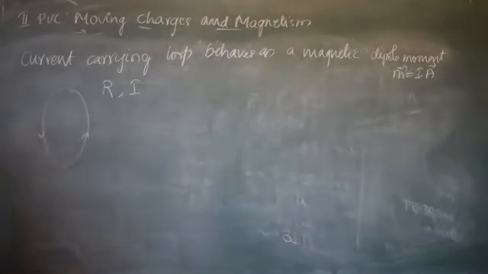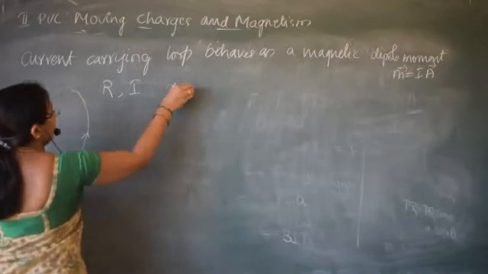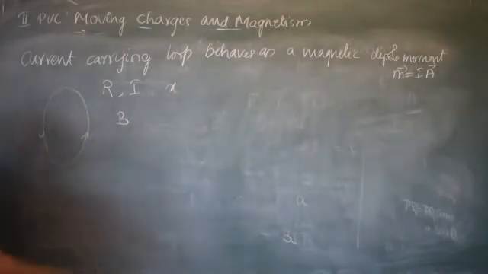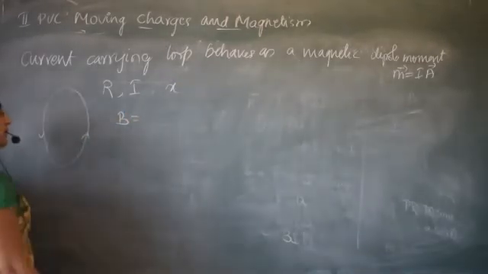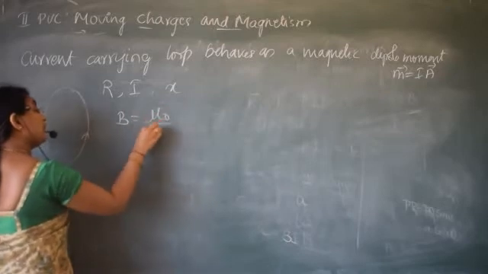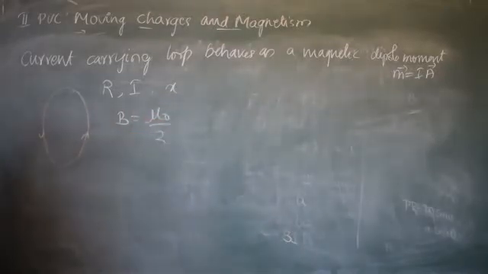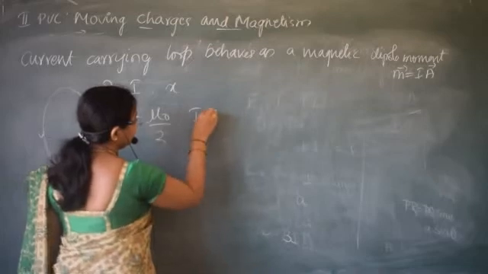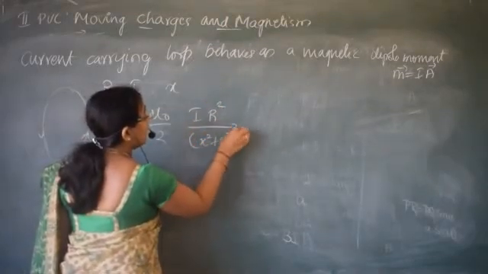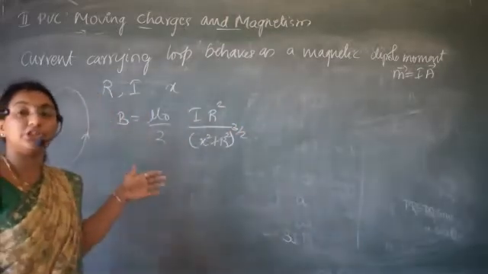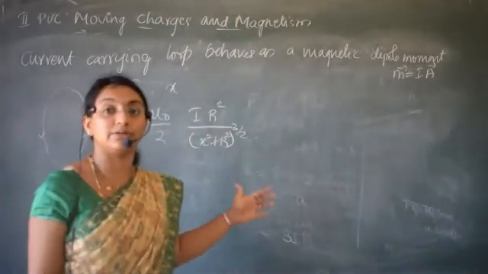The magnetic field along the axis at a distance x: what expression did we get for that using Biot-Savart's law? B is equal to mu naught by 2, I R square, by x square plus r square to the power 3 by 2. This was the expression which we found using Biot-Savart's law.